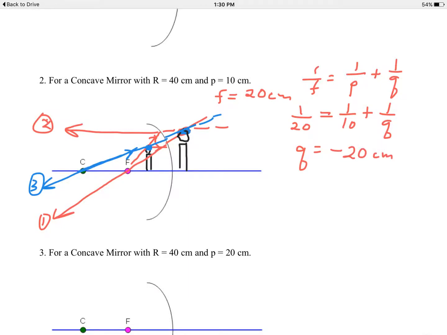That tells us a lot about the image. That's the image location. When it's negative like that for a mirror, it means it's behind the mirror, kind of like with the flat mirrors.